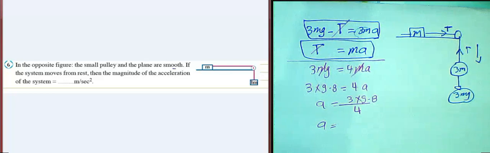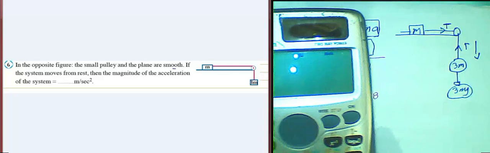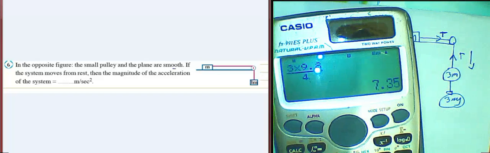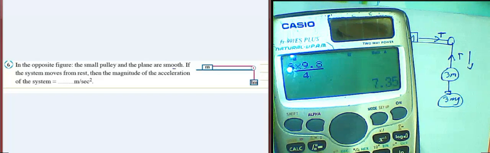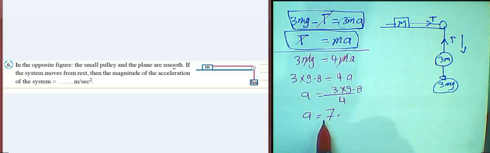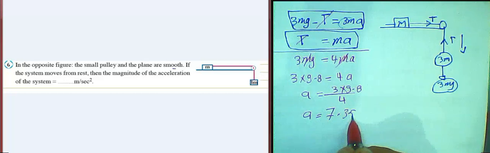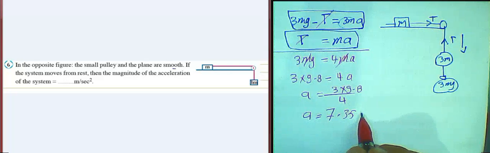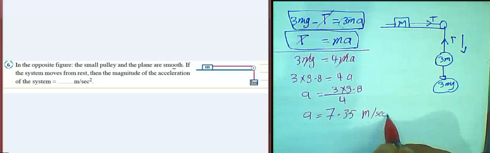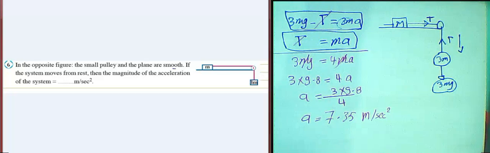Then we can find the acceleration by using a calculator. So we write 3 multiplied by 9.8 over 4. The result will be 7.35, and the unit is meters per second square.